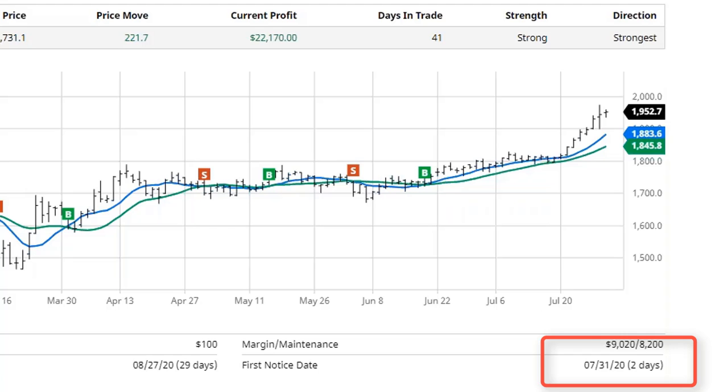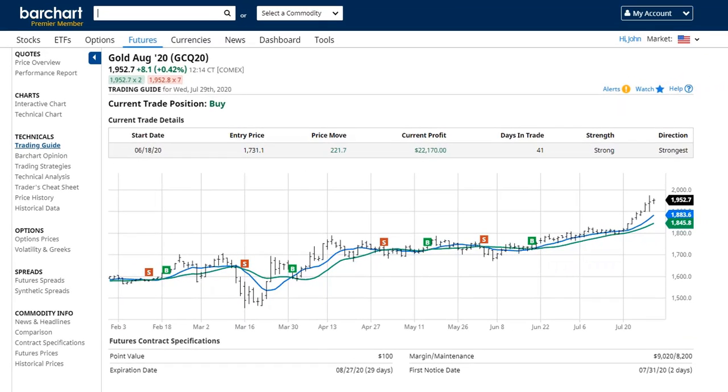Markets like agriculturals, metals, and softs have a first notice day well before the expiration date. Markets like oils and indexes have a first notice day at expiration, or maybe even after expiration.